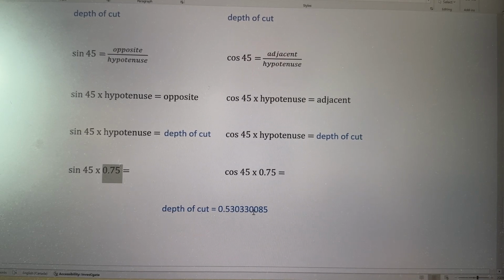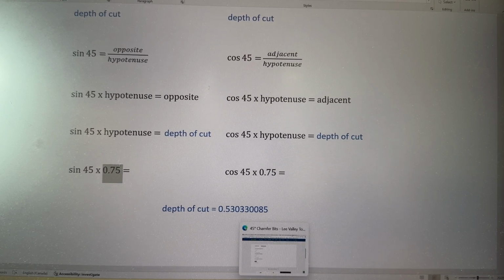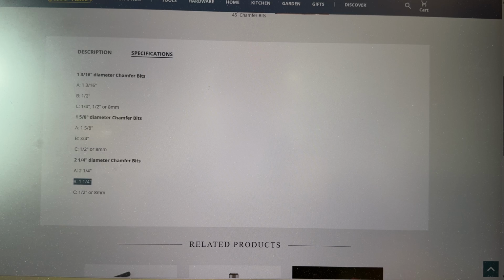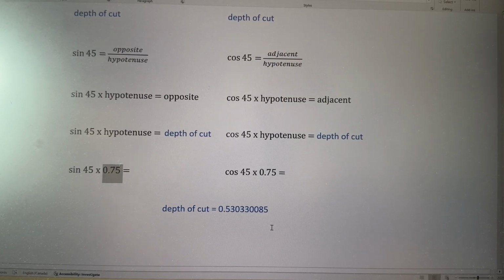Let's just call it half an inch plus a hair, okay, for depth of cut. And of course the calculation can be repeated, so sine 45 times 0.5 or sine 45 by 1.25 here for the other router bit to get their depth of cut.